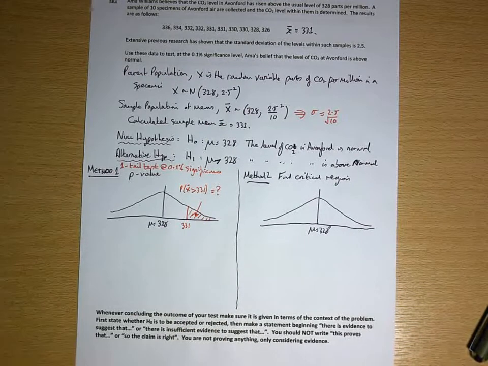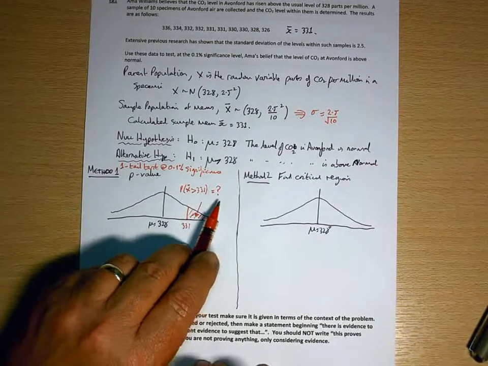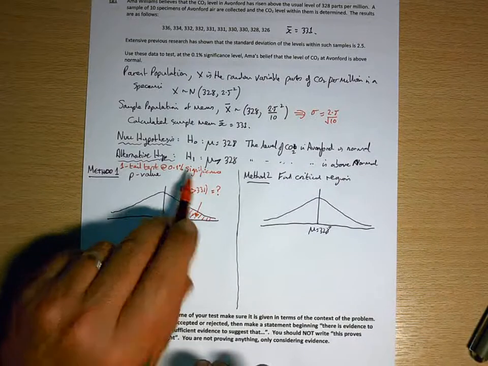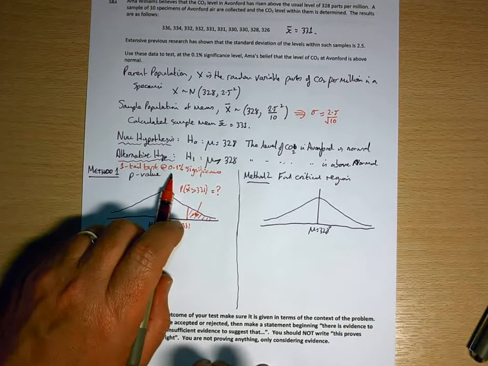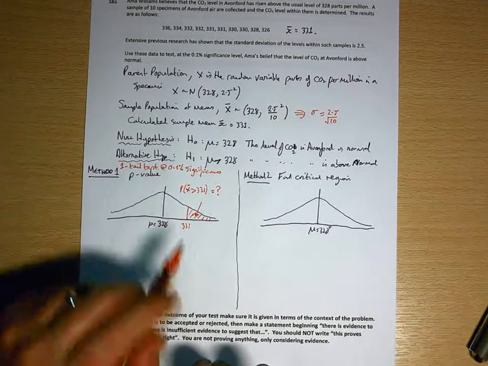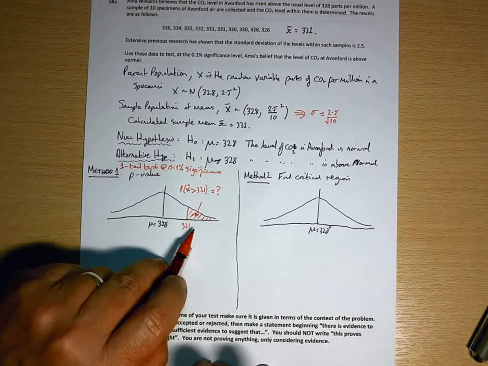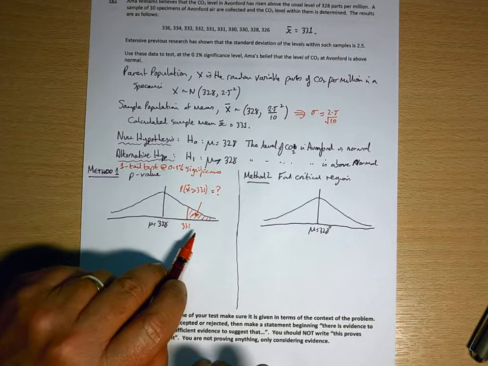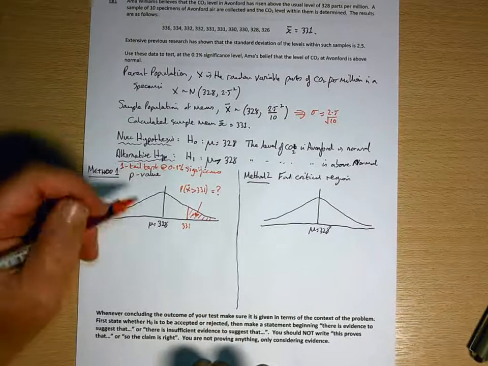If that is really, really small, and by really, really small, I mean if that is less than the significance level, which in this case is going to be 0.01, then it's significant, and that gives us cause to reject the null hypothesis.